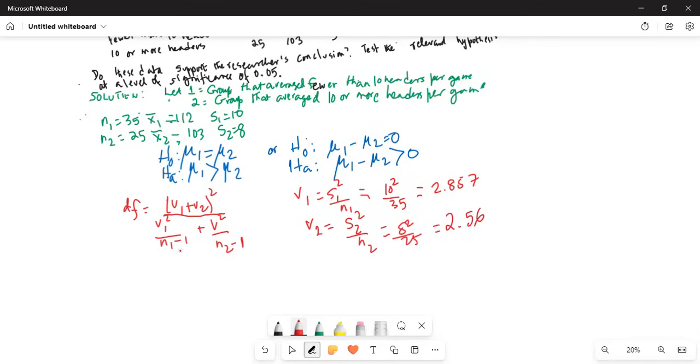Okay, then we will plug these values into the equation for the degrees of freedom.